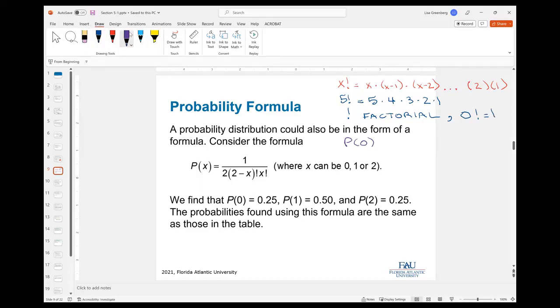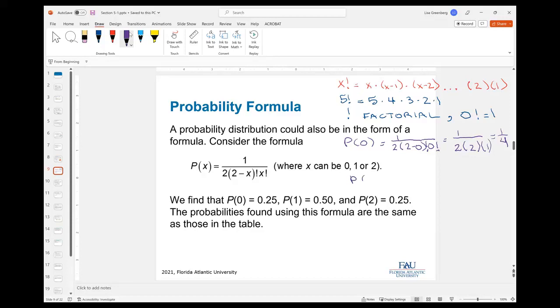So if I want the probability of 0 heads, it's equal to 1 over 2 times 2 minus 0 factorial times 0 factorial, which is equal to 1 over 2 times 2 factorial. 2 factorial is 2 times 1, which is 2. And then 0 factorial is 1. So this is 1/4, which is what we said it was before.